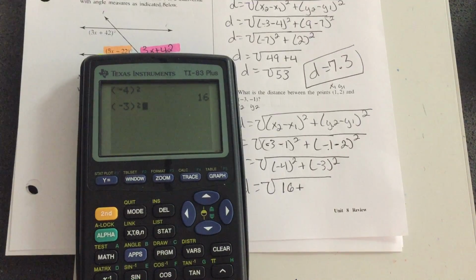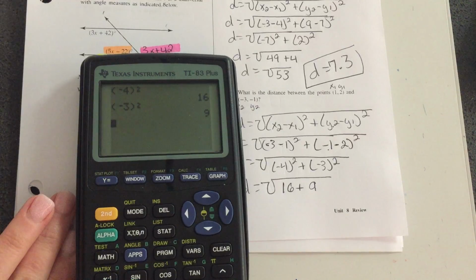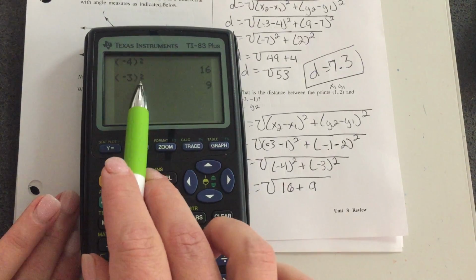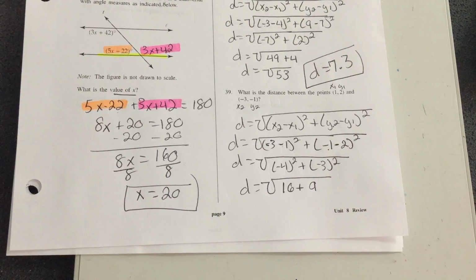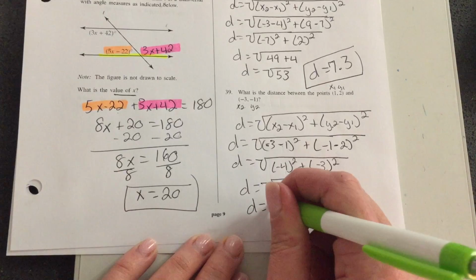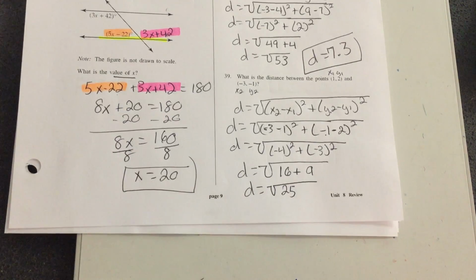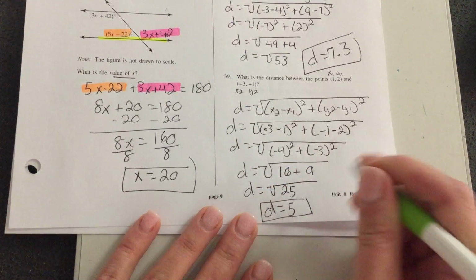Make sure you put your negative 3 inside the parentheses. And this is 9. Now I just hit this button right here underneath this x squared, and that's what gives me my little square sign right here. All right. So now we have D equals 16 plus 9, which is 25. Take the square root of 25, and D equals 5.